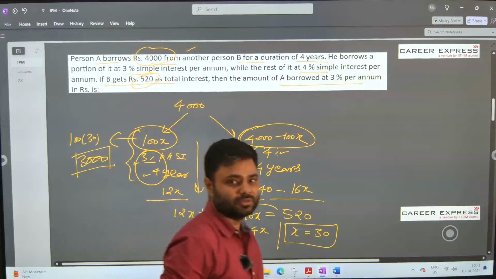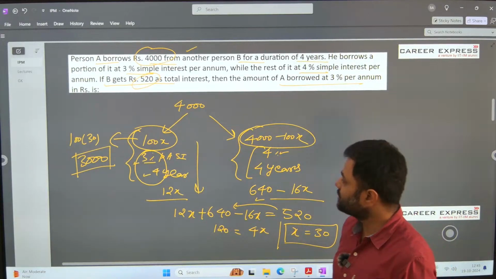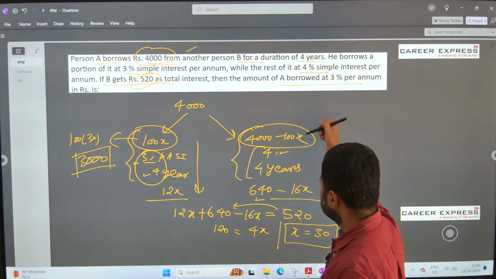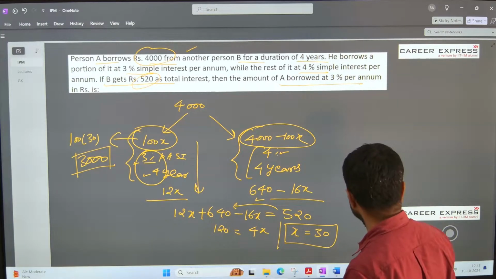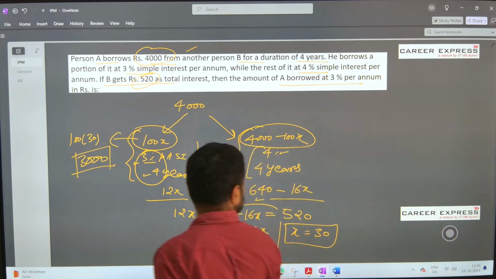So that is one way to solve. We can also solve this question using allegations, right? So let me discuss that part as well.